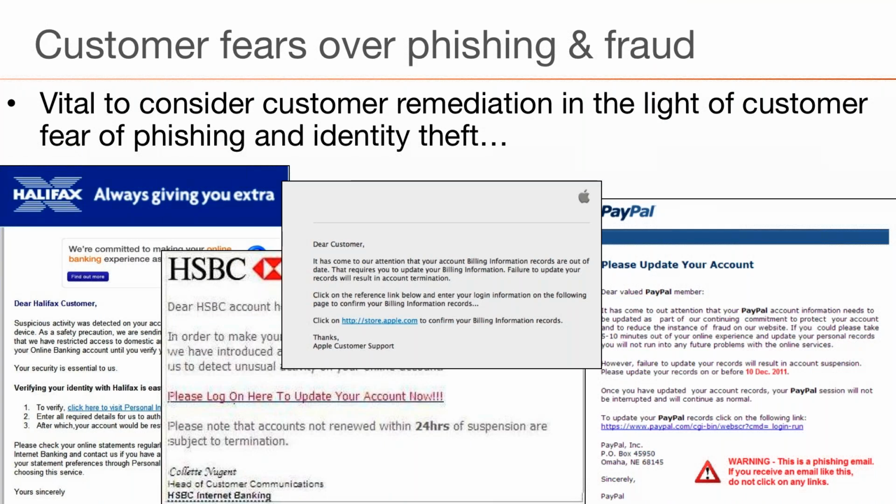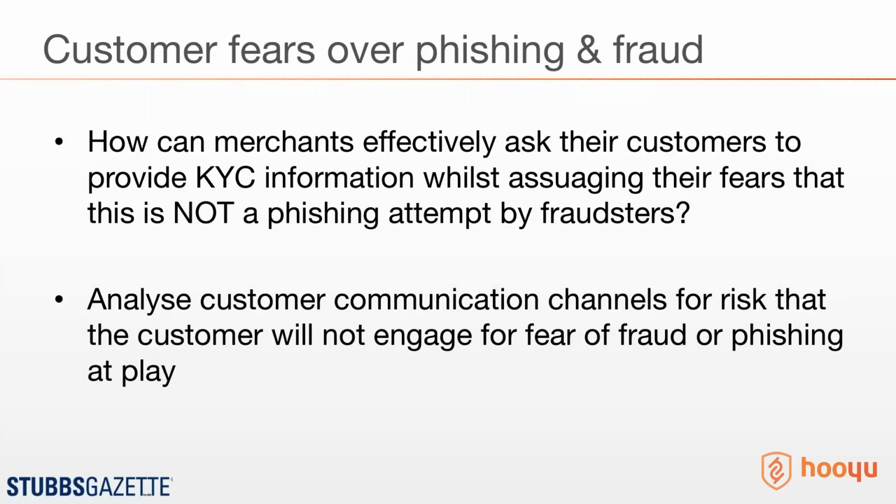So really the key question, the key equation is how can merchants effectively ask their customers to undertake KYC whilst assuaging their fears that it's actually not a phishing attempt by fraudsters. So to start to try and solve that equation, what we've done is we've analysed the different customer communication channels by the level of perception of risk of fraud or identity fraud or phishing.